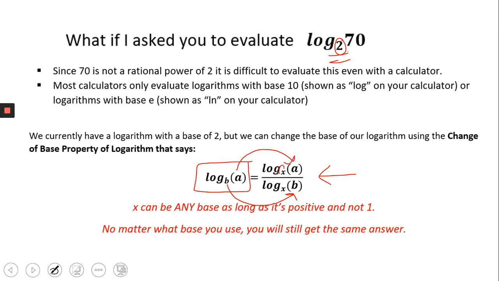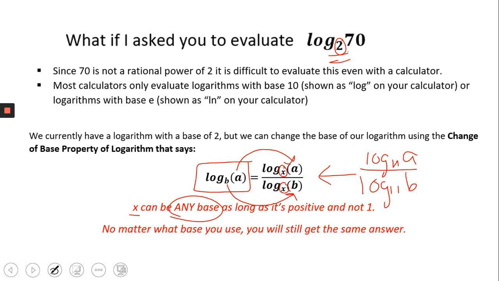What's interesting that is not on the left-hand side is this x here. So what is x? Well, as you can see, it's in the base position of a log. And that x that we put in there can literally be any possible base. So this could be log base 11 of a over log base 11 of b.